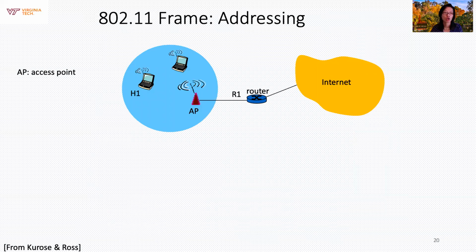And the access point, AP, is very important. Many times when we say encryption, it's between you and the access point. For example, if you go to a coffee shop and ask, what is the Wi-Fi password, that is regarding the security between you, the client, and the access point.